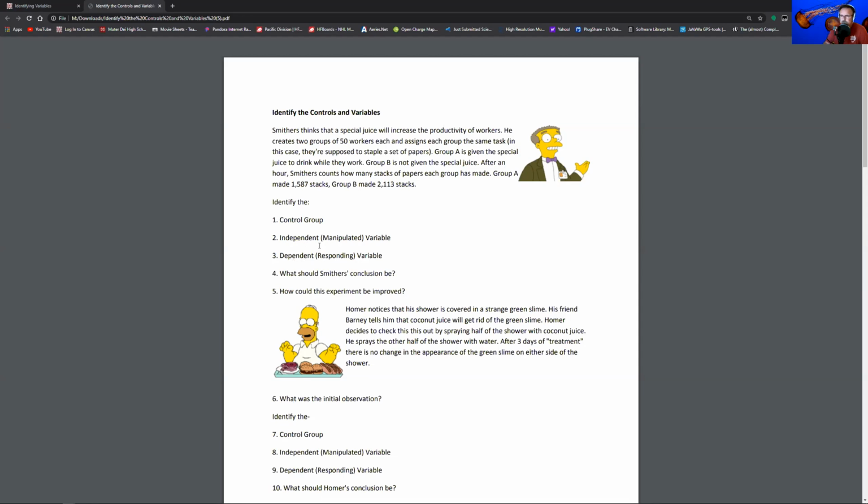So think about that example as you do this. I want you to identify the control group, the independent variable, and the dependent variable, and then just answer the other questions. What might his conclusion be? And it's kind of important, this fifth question: how might he have improved this experiment? Can you think of anything that would make that experiment better?